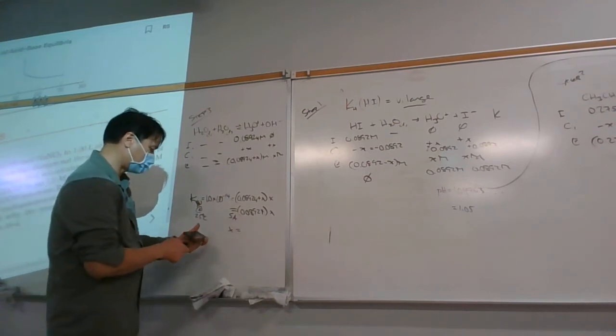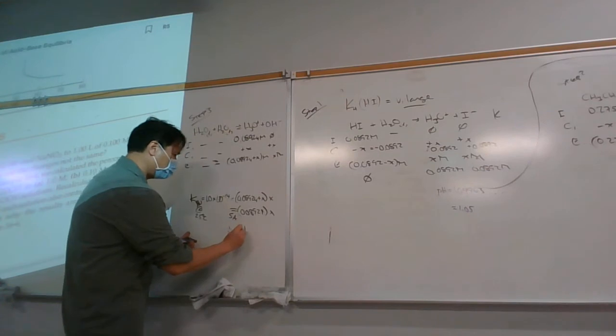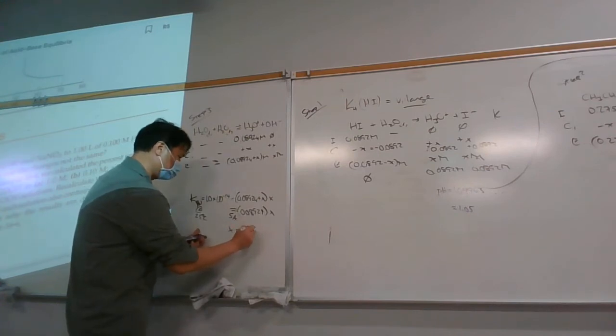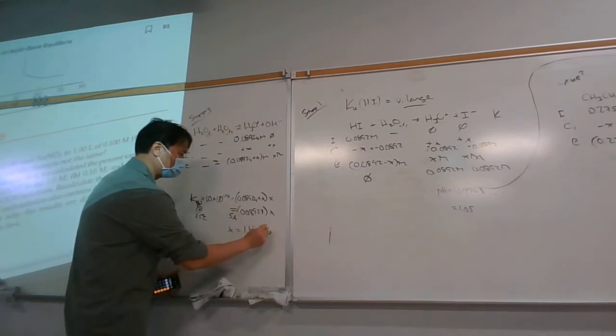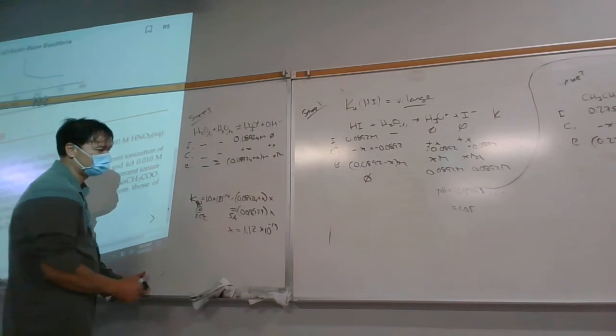What we get is X is equal to 1.12, I'll just carry that, times 10 to the negative 13, 1.12057 times 10 to the negative 13.